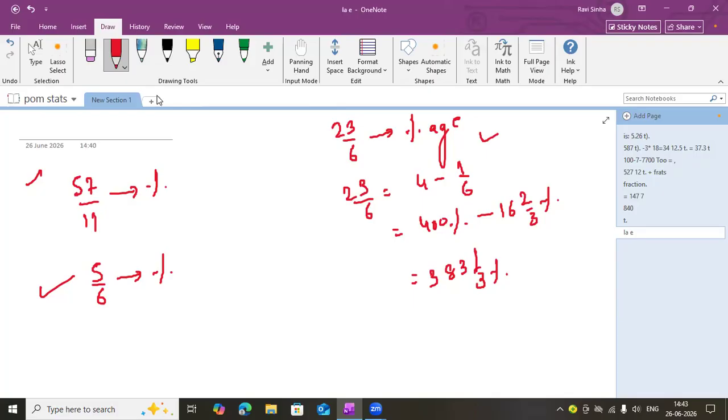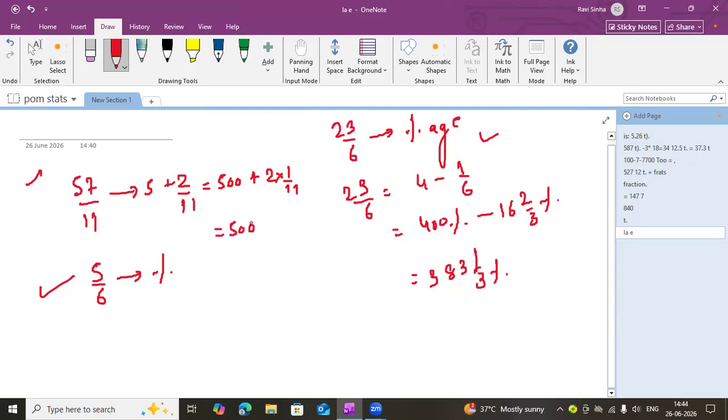So let us see how to proceed with these two questions. The first one is 57 by 11. So how do we break this? We can write it as 5 plus 2 by 11. Now 5 is 500%, plus 2 by 11 is 2 into 1 by 11.